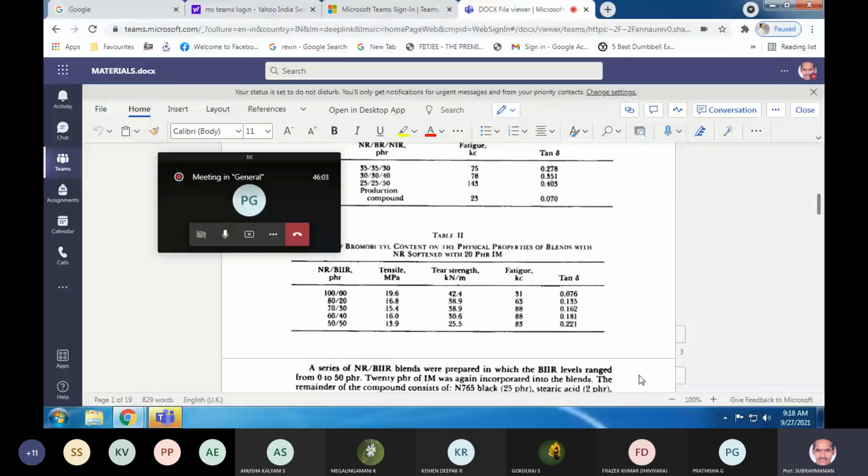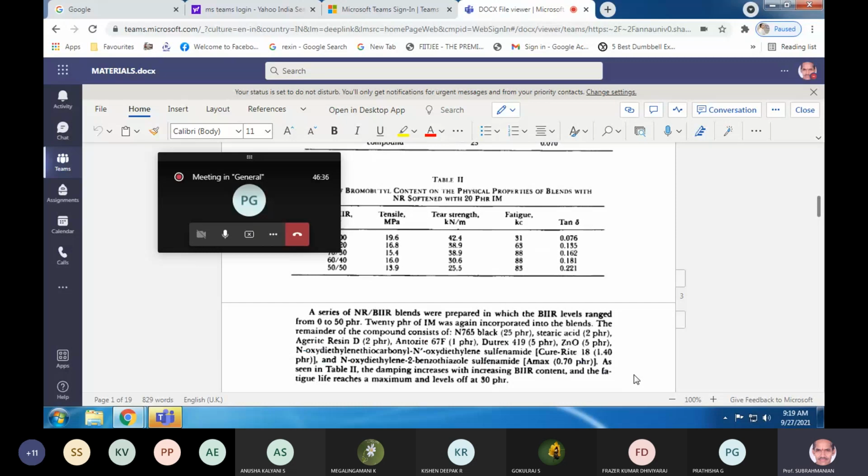You must have studied bromobutyl, a commercially important halobutyl, so it finds application in tire. Look at the mechanical properties: tensile, shear, fatigue, and the tangent delta. They are getting influenced.